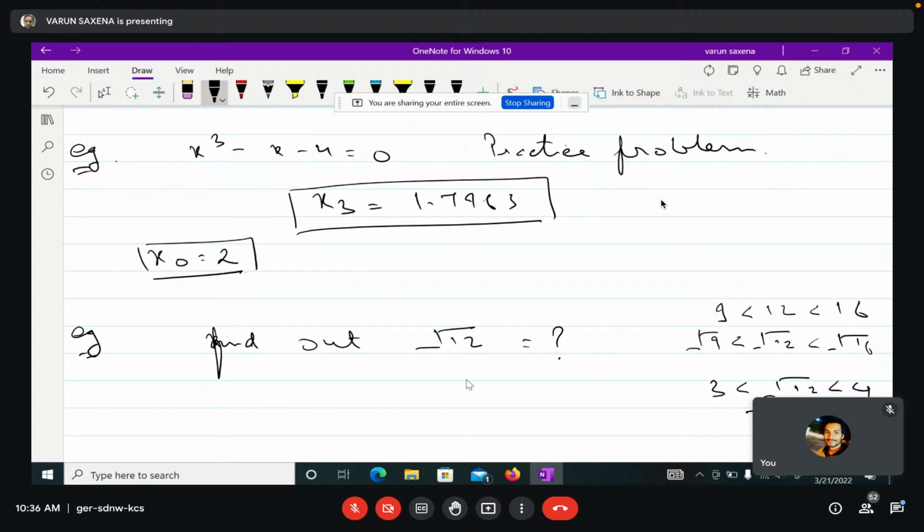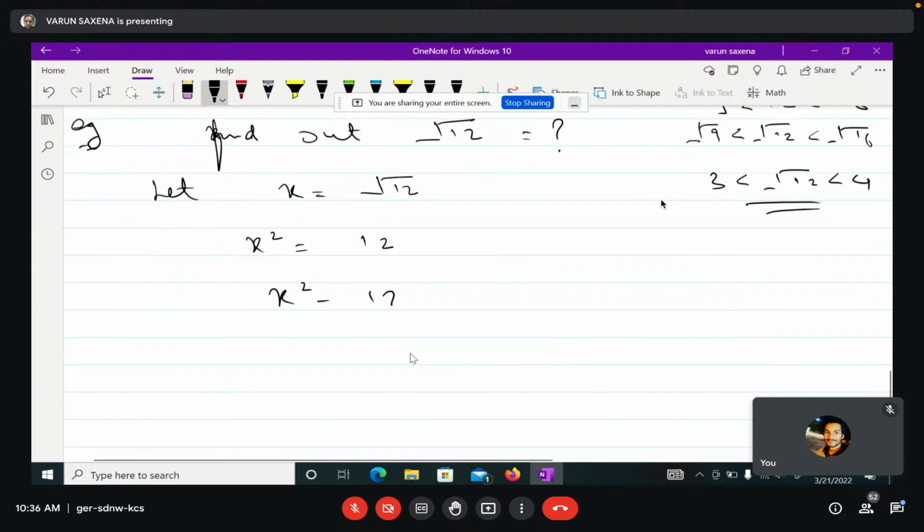Okay. So how do we proceed with this problem? We say let x be root 12. Then if I square both sides, x squared is 12. So then you have x squared minus 12 is equal to 0.